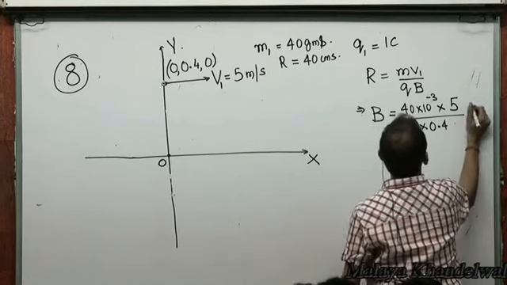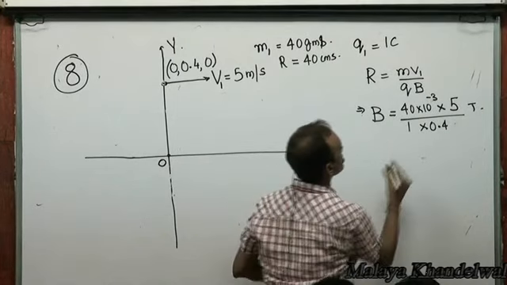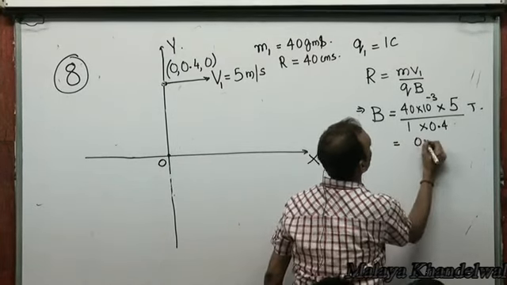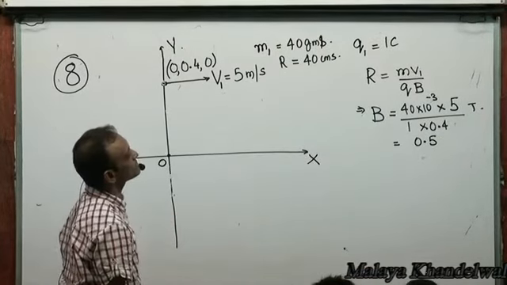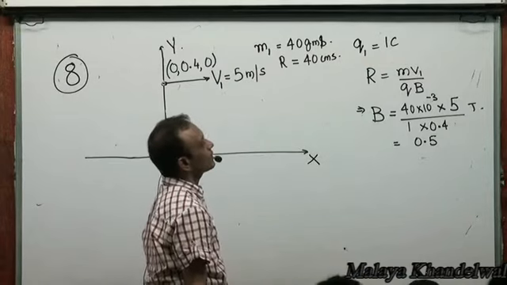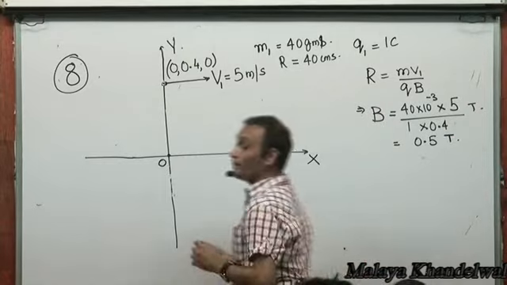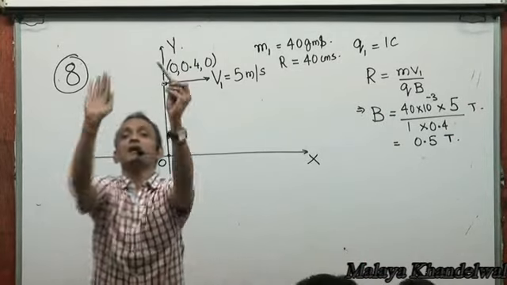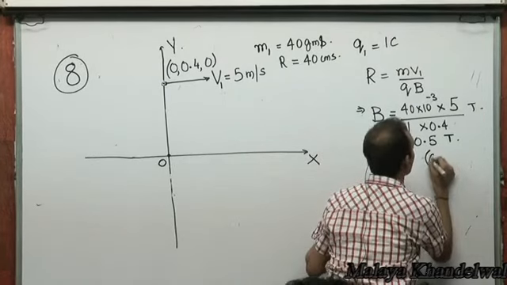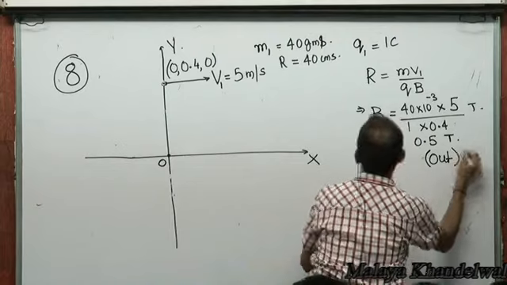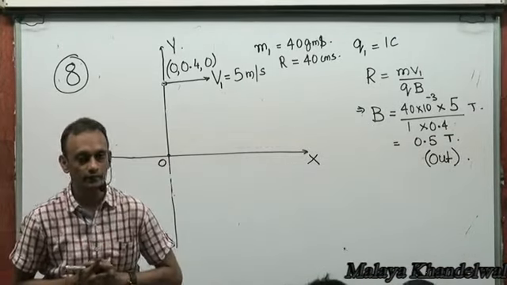Yes or no? These many Tesla, so 0.5 Tesla. So the magnetic field is 0.5 Tesla pointing out of the plane of the board. Is that okay or not okay?